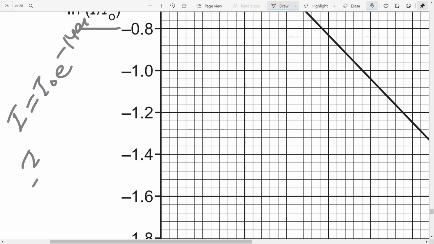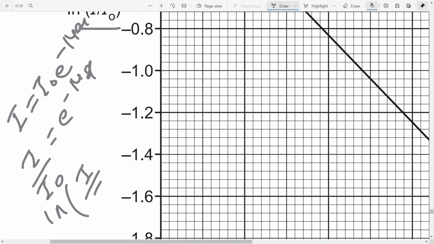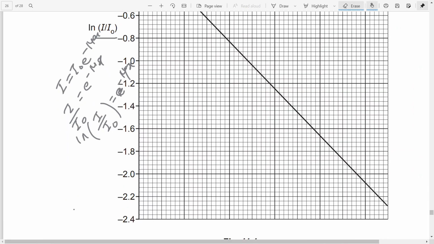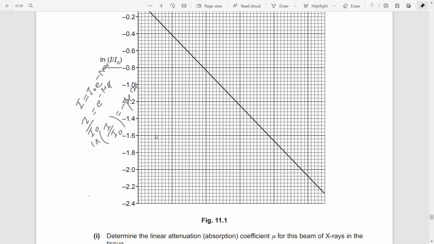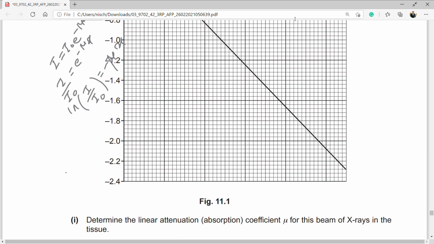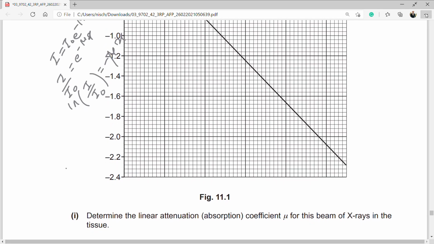From here, when you do ln, it will be like this. Sorry, this is minus mu x. So I'll make it clear. This will be minus mu x, and you get the value of this. Wait, how much have we got? Where is the answer?